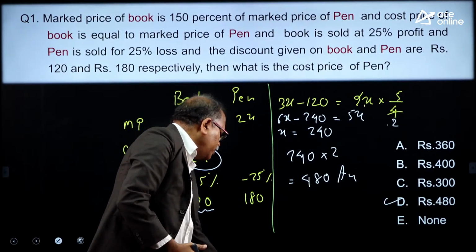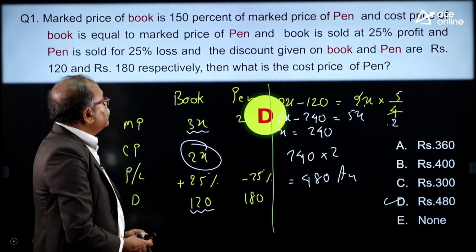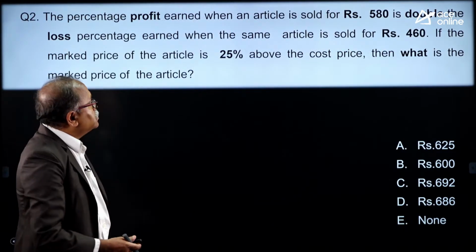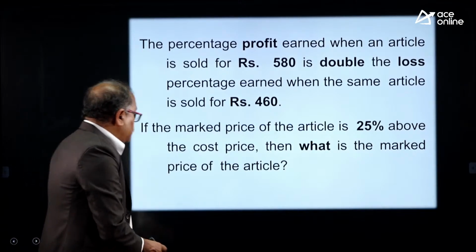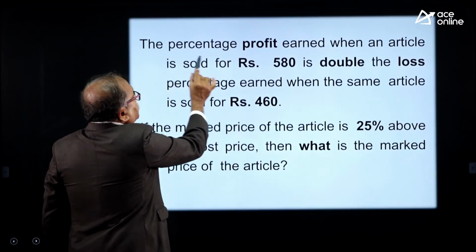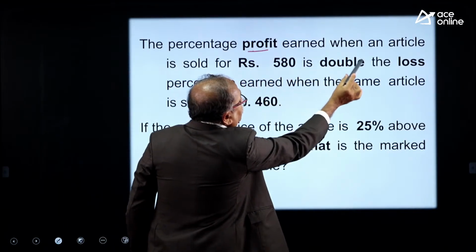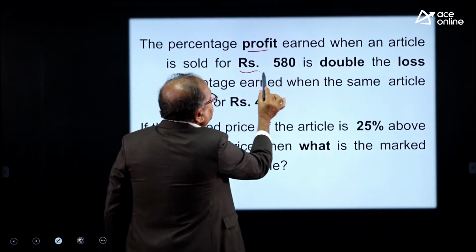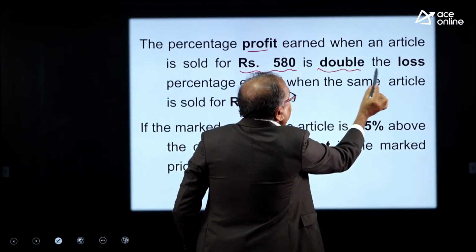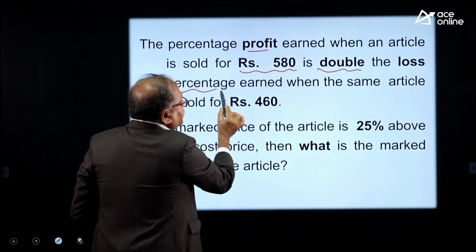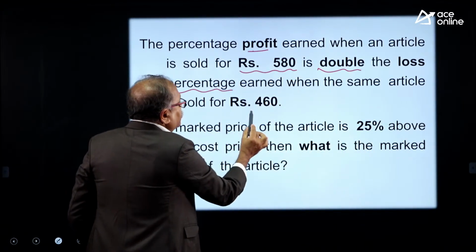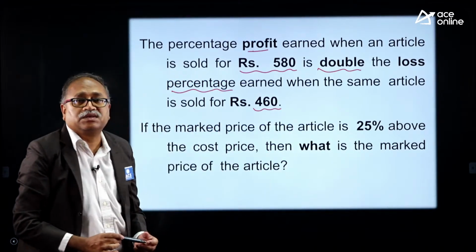Okay. Let us move on to the next question, the second question on the board. I will take a closer look and see what facts are given over here. It says that the percentage profit earned when the article is sold for rupees 580 is double the loss percentage when the same article is sold for rupees 460.